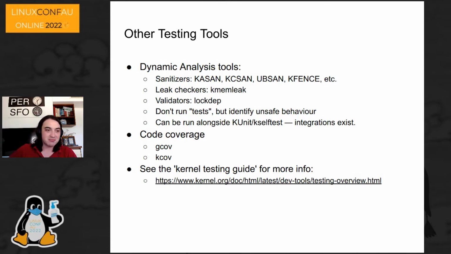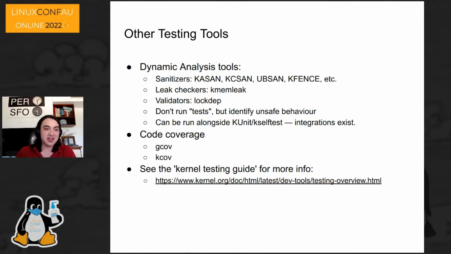Like memory corruption, accessing things you shouldn't, deadlocks, etc. The way I like to think about it is a test like KUnit and kselftest is something that can pass as well as fail, whereas these sanitizers, they're not testing a particular bit of code. They'll just run the entire length of time the kernel's running, and they might fail if something goes wrong, but you can never use them to say, this has passed, I know it's all good.